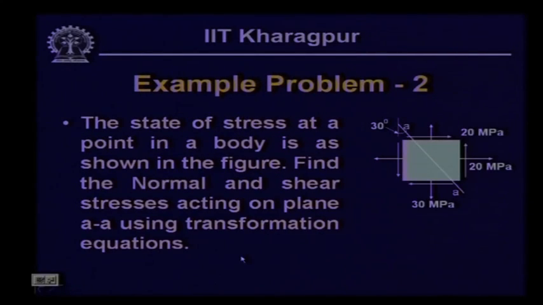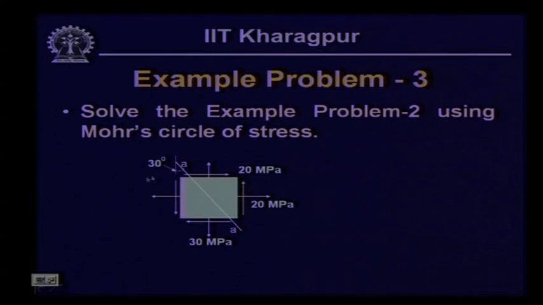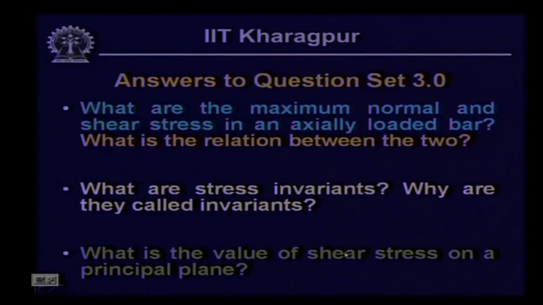Well, you can look into this particular problem, and compute the state of stress using transformation equation. Also, you can use the same problem to solve through Mohr circle of stress. These questions which we had posed last time are quite straightforward.